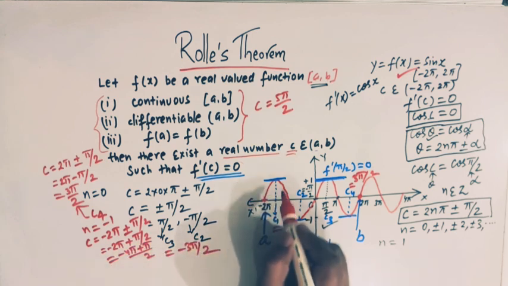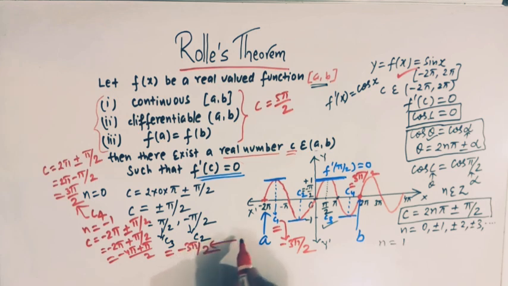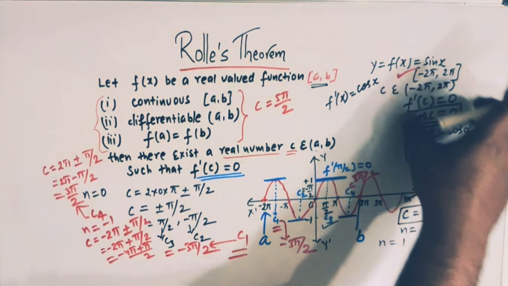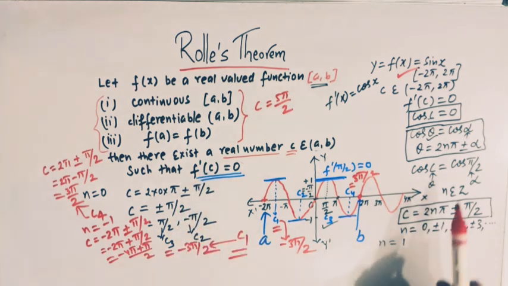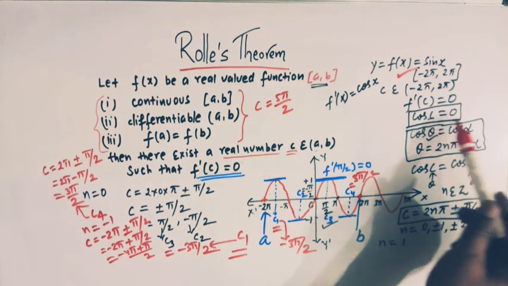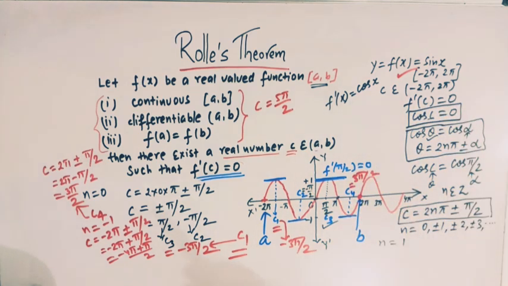So here we have this value as minus 3 pi by 2. So this is the value of c1, right? So viewers, this is how we can find the different values of c with the help of solving the equation f prime of c is equal to 0, but we can also locate the points with the help of graph, as we have discussed earlier.